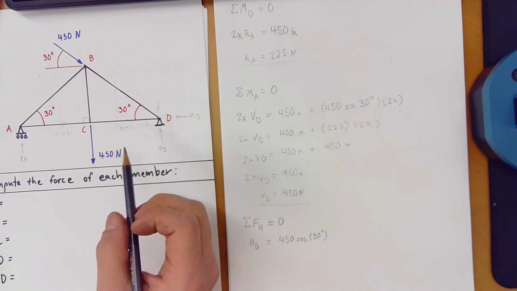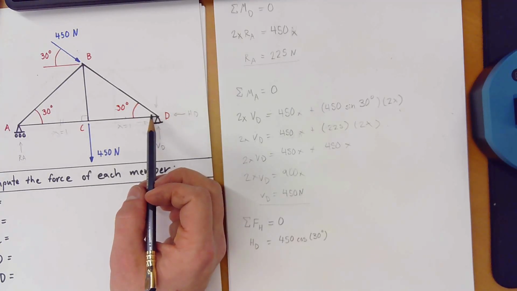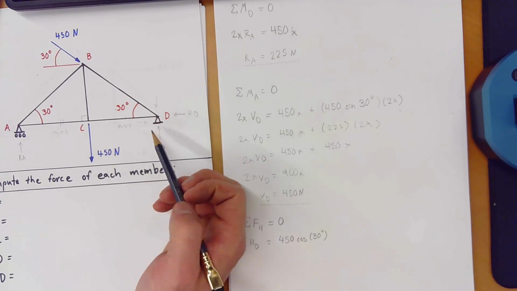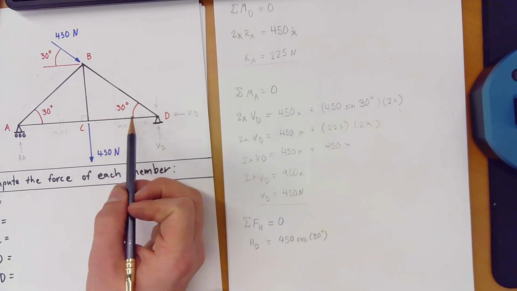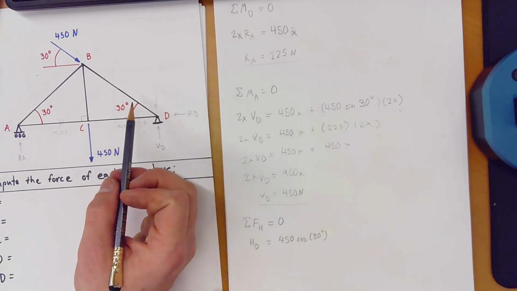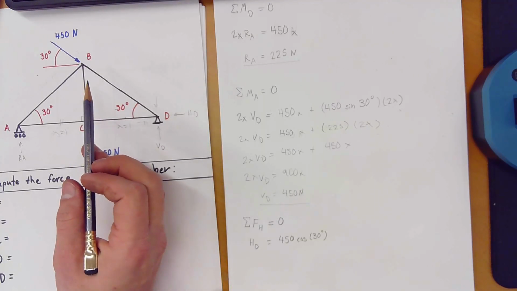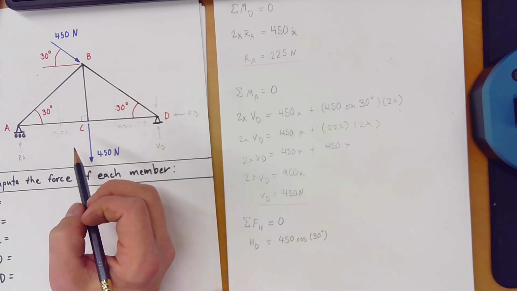The reason we're doing this is, what's cosine again? Cosine is adjacent over hypotenuse. We have our adjacent over our hypotenuse, because we're trying to find the force acting on the opposite.